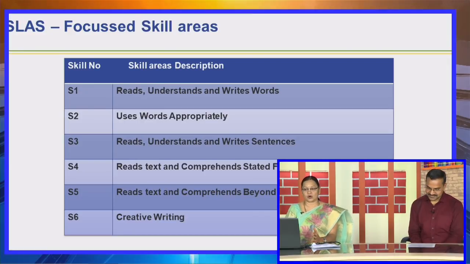In the student learning achievement survey, they have mainly focused on 6 major skill areas. First, they tested whether students read, understand and write words properly, which is related to vocabulary, use words appropriately, and read, understand and write sentences, which comes under reading comprehension, and read, test and comprehend stated facts and beyond stated facts, in between the lines.